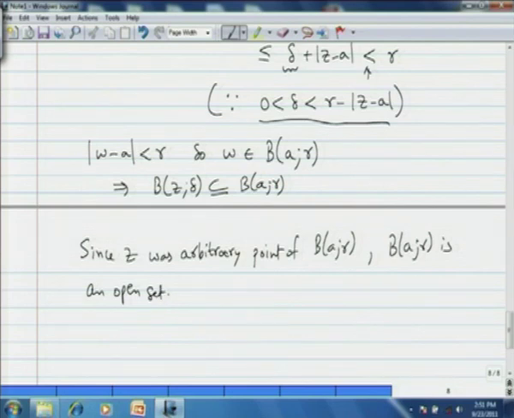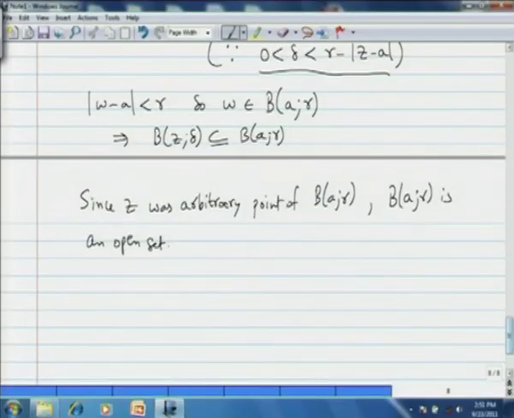If you choose any z belonging to B(a, r), then you can come up with a delta such that B(z, delta) is contained in B(a, r). That conforms to the definition of an open set, and so such sets are open sets.